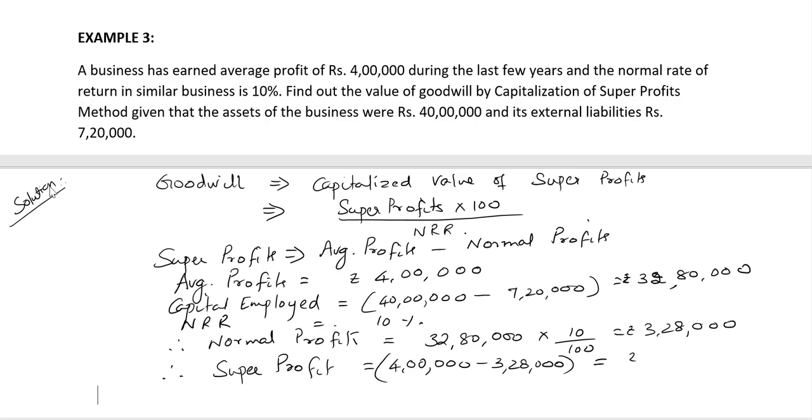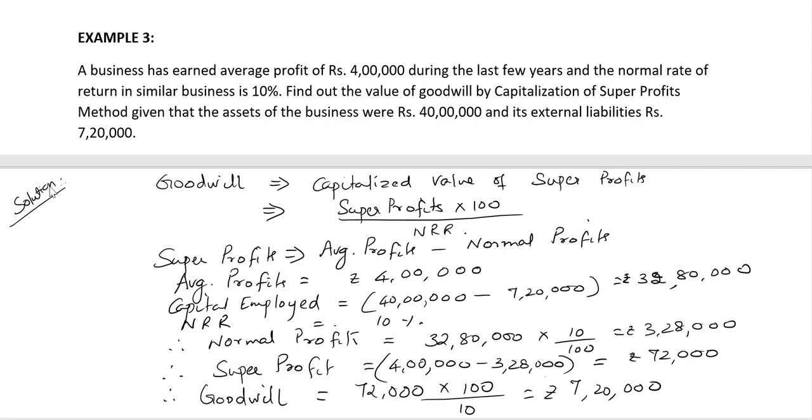So we get the super profit as rupees 72,000, and goodwill is equal to the super profit, which is 72,000 into 100 divided by the NRR 10. So the value of goodwill of the firm is rupees 7,20,000. So based on capitalization of super profits method, we have found out that the value of the goodwill of the firm is rupees 7,20,000.